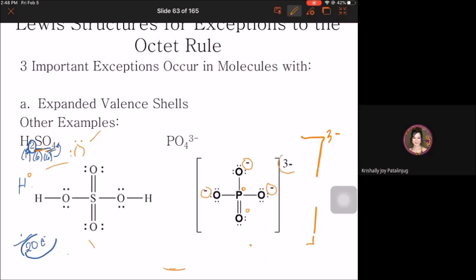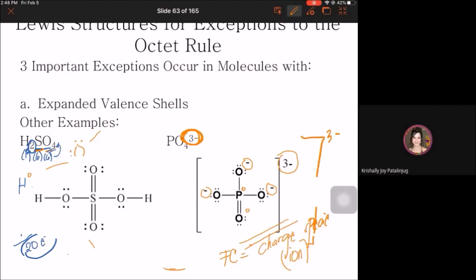To know that the atoms in the whole molecule are at their stable bonding, the totality of their formal charges must equal the charge of the species. The given species is a polyatomic ion, so whatever the charge of that ion is, that should also be the total formal charge in the whole molecule.